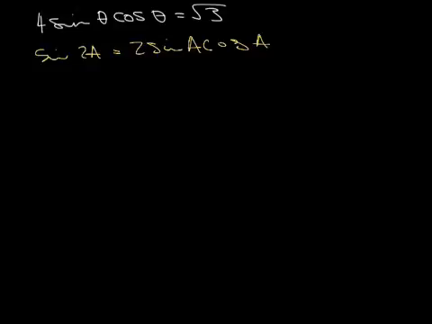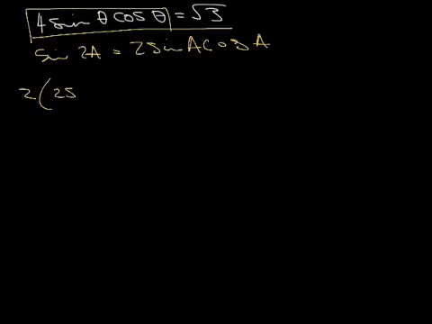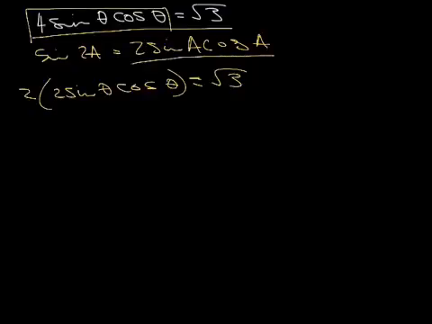So 2 times an angle is going to be 2 sine of that angle cosine of that angle. So that's what we're going to do here. We're going to look at this here, especially this here, and we're going to factor a 2 out. And when we factor that 2 out, look what we have. We have 2 sine of a, cosine of a, or in our case we have theta.